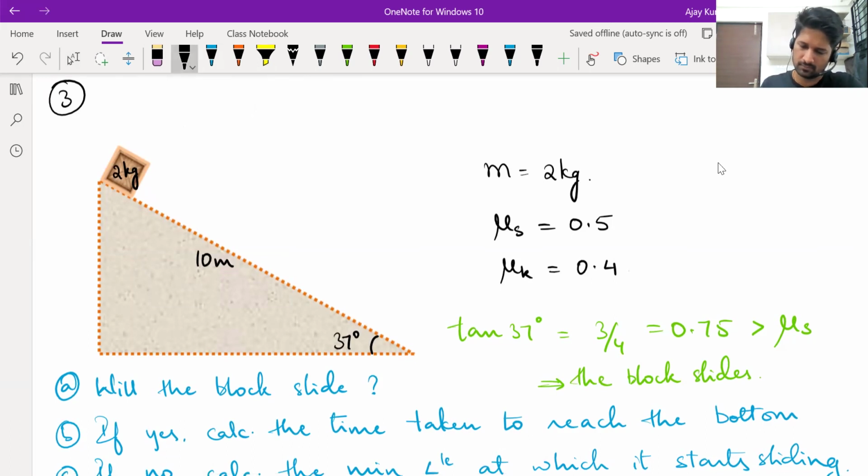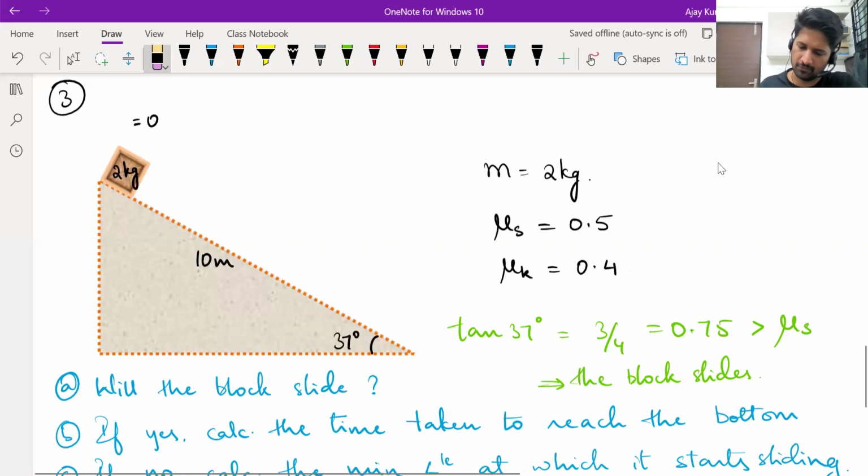Sir, S is equal to UT plus half AT square. You want to use S is equal to UT plus half AT square. We know the initial velocity. We know the displacement. You need to calculate acceleration. If you know the acceleration, you can tell the time taken to reach the bottom of the incline. Correct. We don't know the final velocity, so we can't use V is equal to U plus AT.